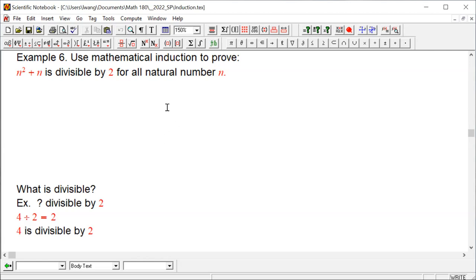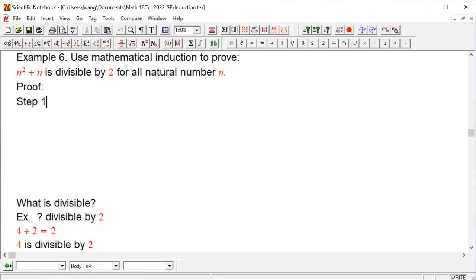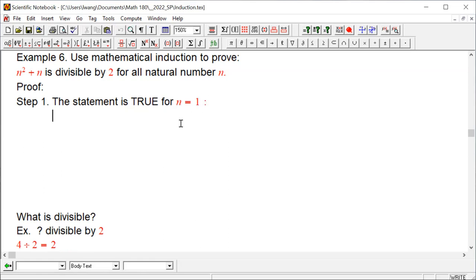Now, we're going to prove it. First, we're going to try to show it is true. So step 1, the statement is true for n equals 1.